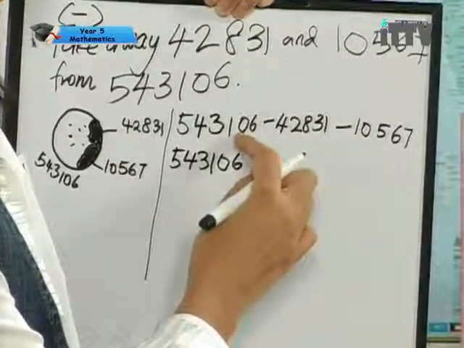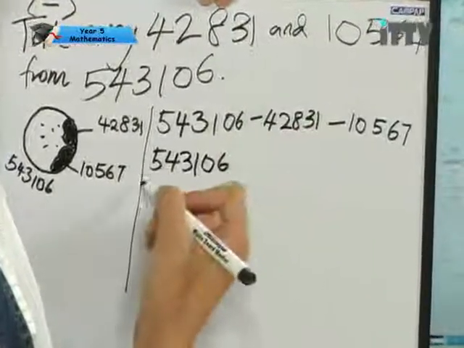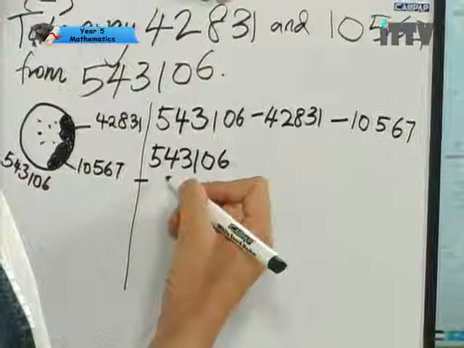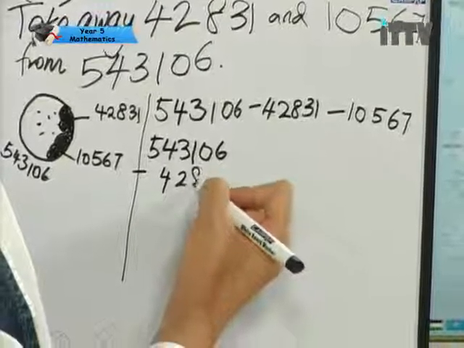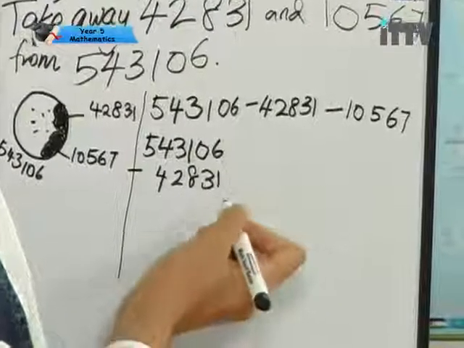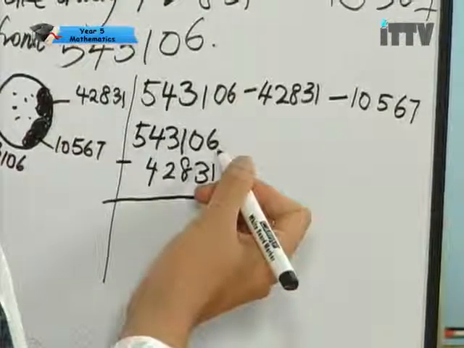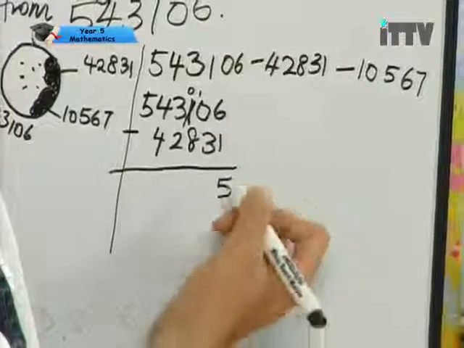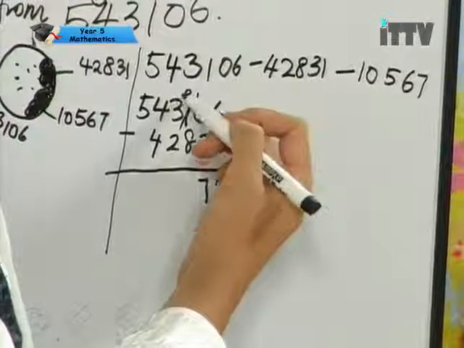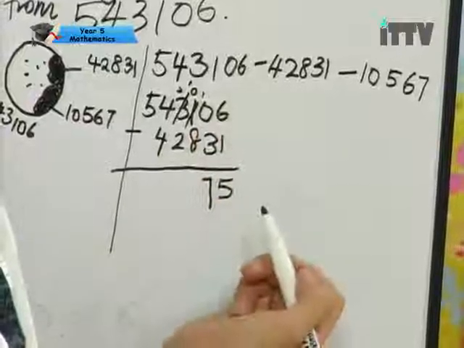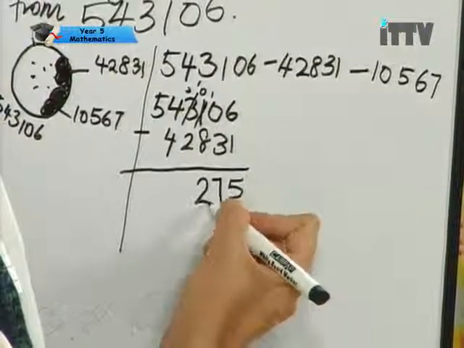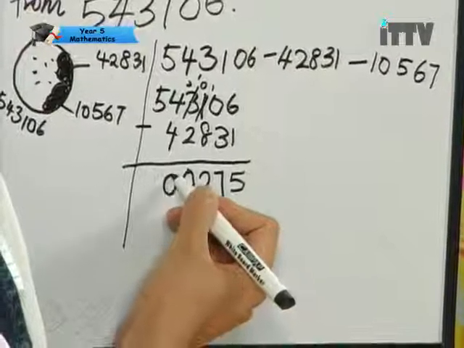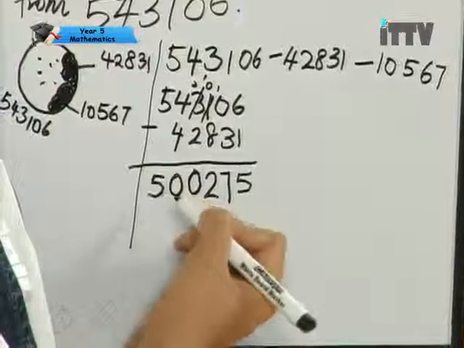Let's minus this one first. We will do it one by one. Minus 4, 2, 8, 3, 1. What do we have? 5, 0, 1, 7, 2. 10 minus 8 gives us 2. 2 minus 2, 0, 0, and 5.